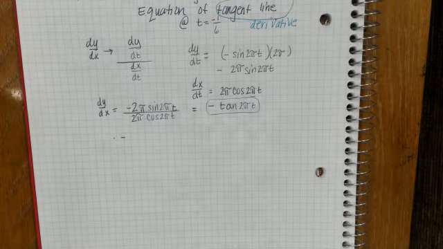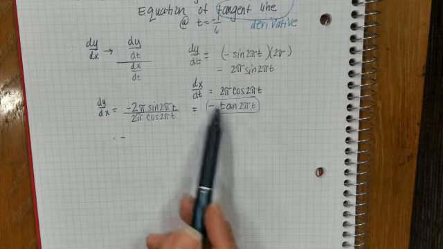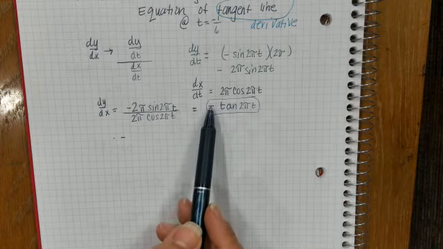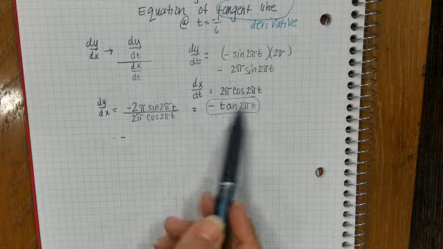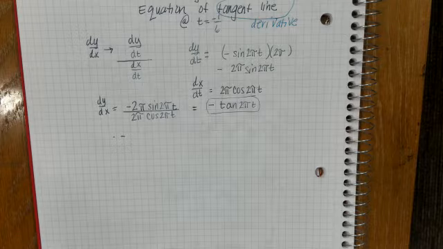Okay, this is the slope of the tangent line at any point t. And now I want to find out at t equals negative 1/6.